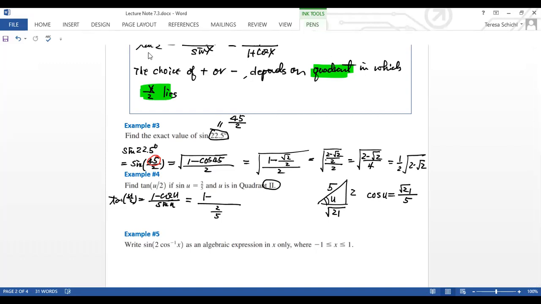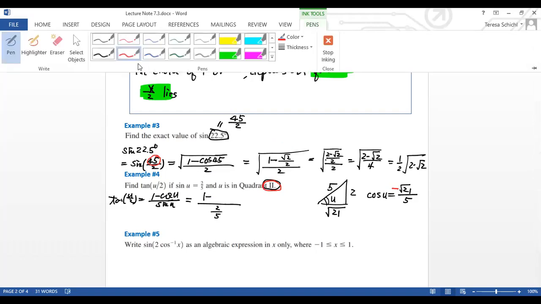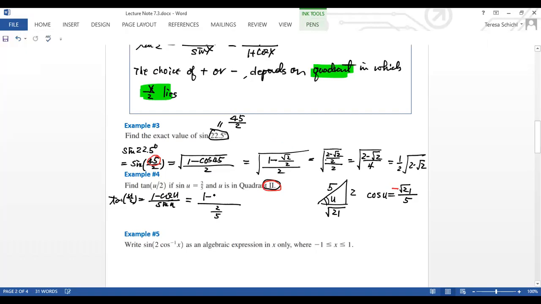All right, but in here, u is in quadrant number 2. So what is the cosine? Is it positive or negative? It's negative. So don't forget that it's negative. So now it's minus square root of 21 over 5, right?